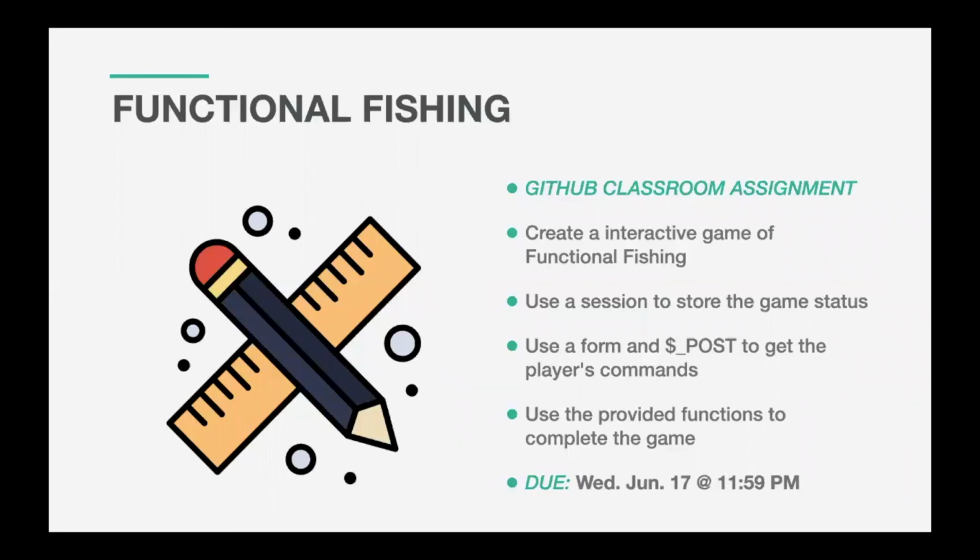Again, I highly recommend you watch the video on Blacksmith. It will help you a lot with completing the functional fishing assignment because they do use basically the same structure, the same basic functionality, and it will help you understand how to use these different features.